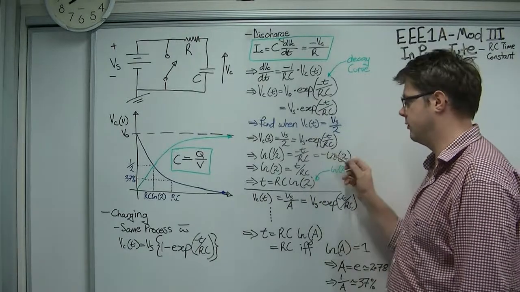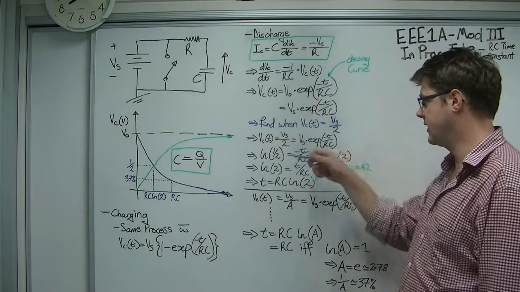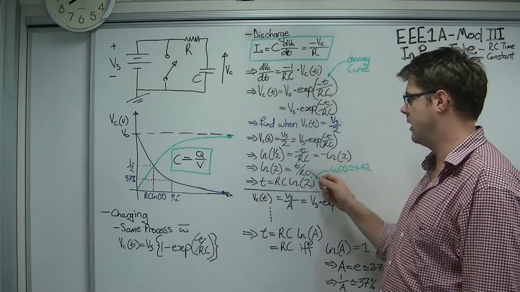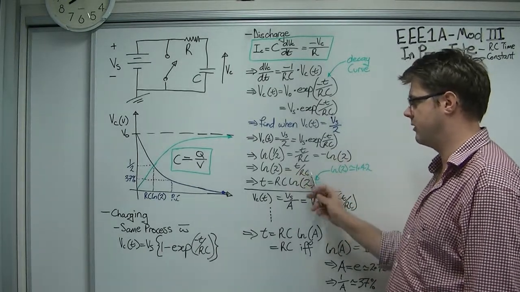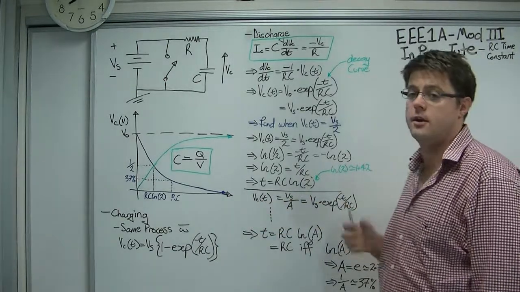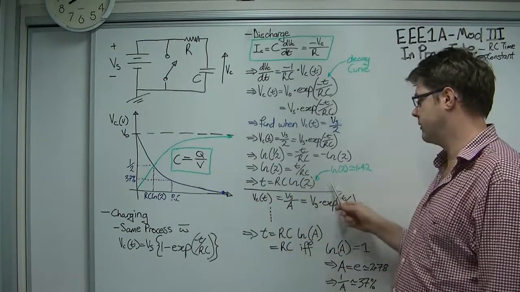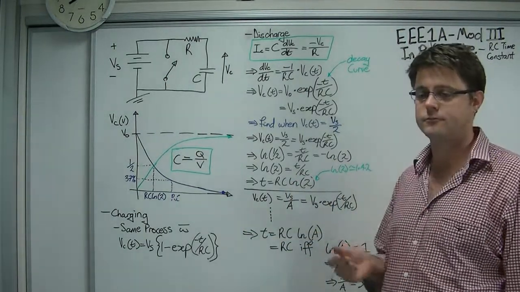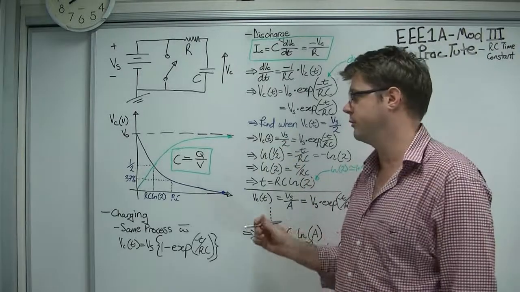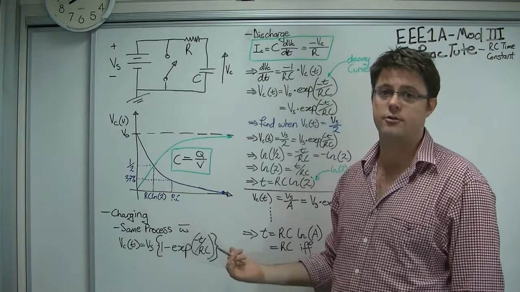Using our log rules, you end up with minus log of 2. Cancelling minuses on both sides and moving the natural log to the other side, we end up with t equals RC times the natural log of 2. For those of you without a calculator in front of you, the natural log of 2 is about 0.69. So I can now label this half point as equal to RC times the natural log of 2.